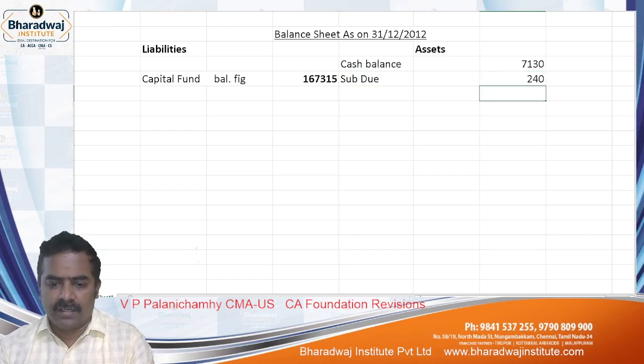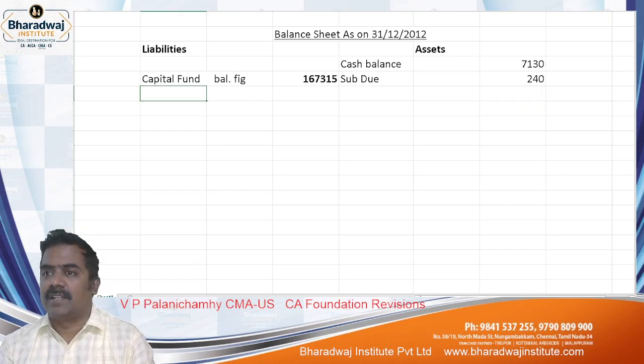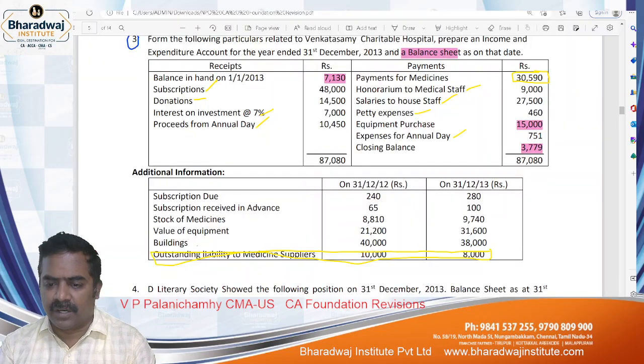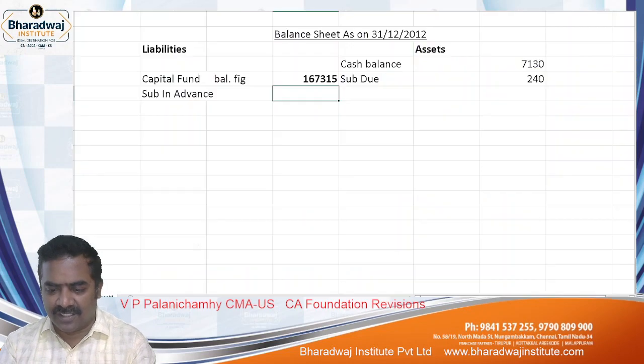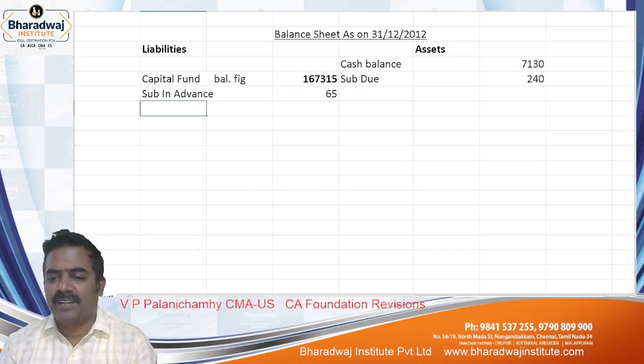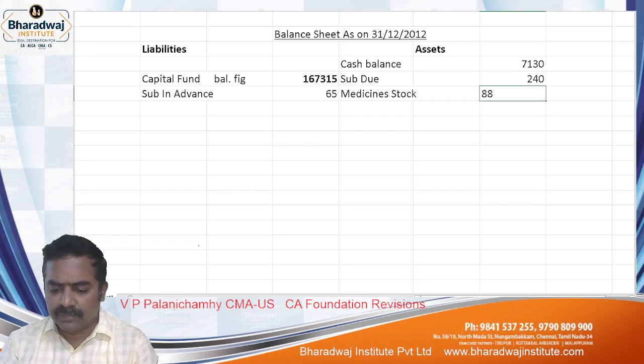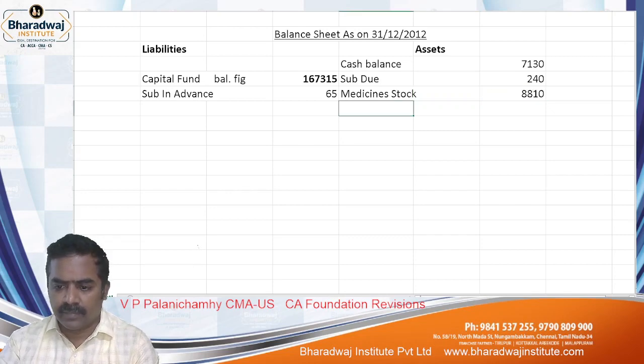Then subscription receivable is an asset. How much is subscription in advance? Subscription received in advance opening balance, tell me, 65. Then medicines, medicine stock, 8,810. Equipment, 21,200. Then building, 40,000.